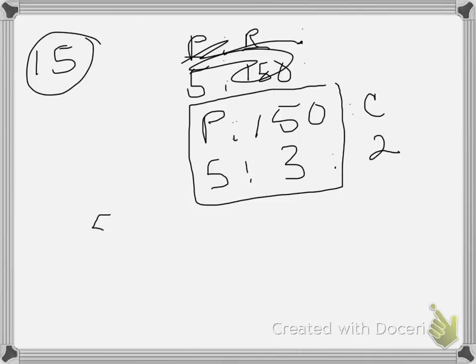So you set up your proportion as 3 over 150, and you set the proportions equal. You know the peanuts ratio is 5, but you don't know how many peanuts, so 5 over x.